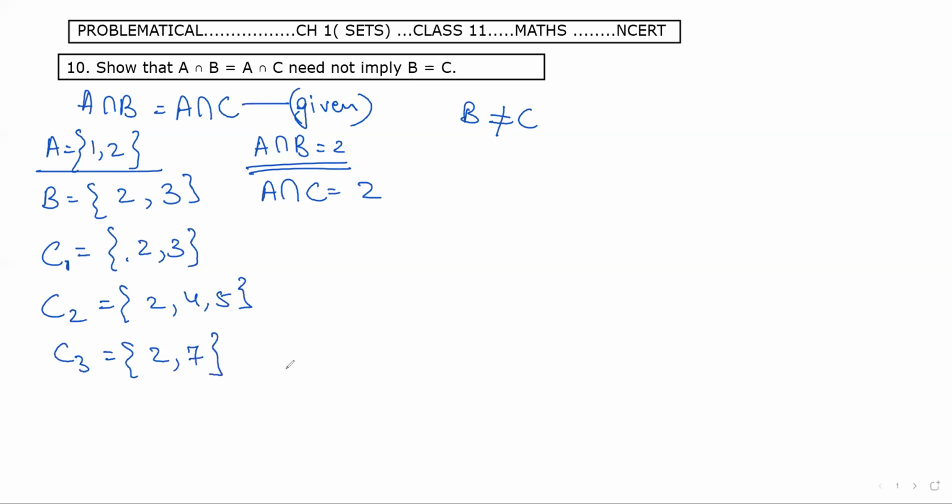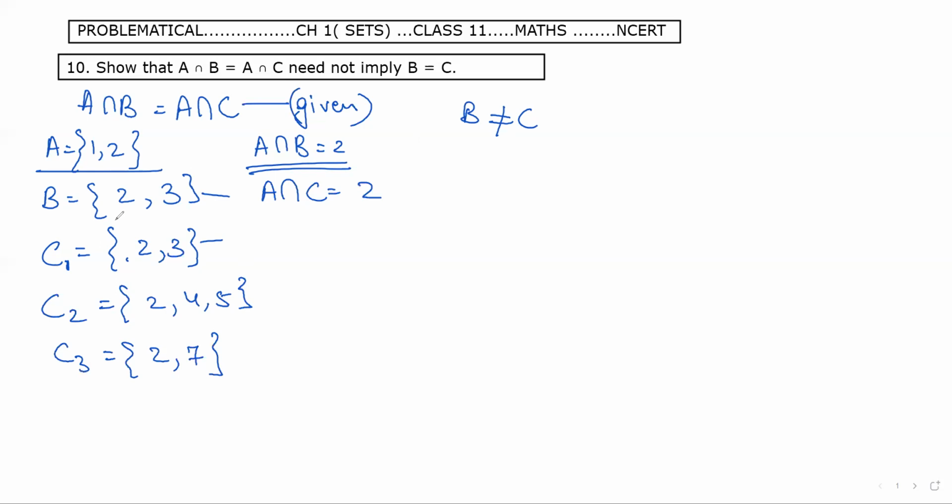Now we are considering three conditions over here. In the first condition, if you consider C1 to be C, then B is equal to C, which means this is a particular example where C is considered as {2, 3}.